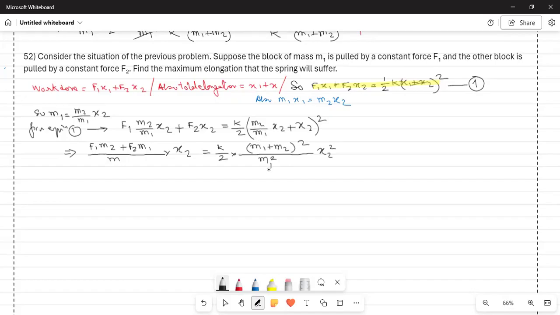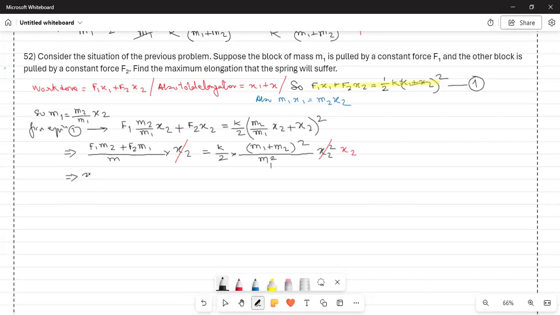M1 in the denominator I have squared here, x2 I have taken out squared, and in the numerator I have m2 plus m1 whole square. So this x2 gets cancelled and I am left with only one x2.